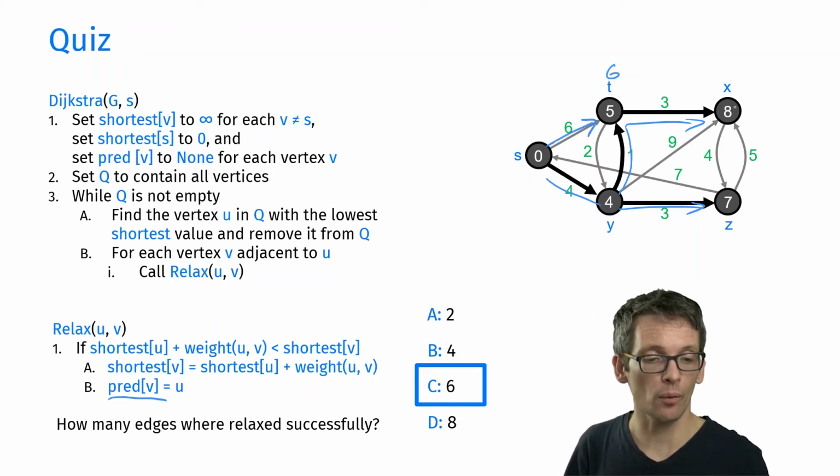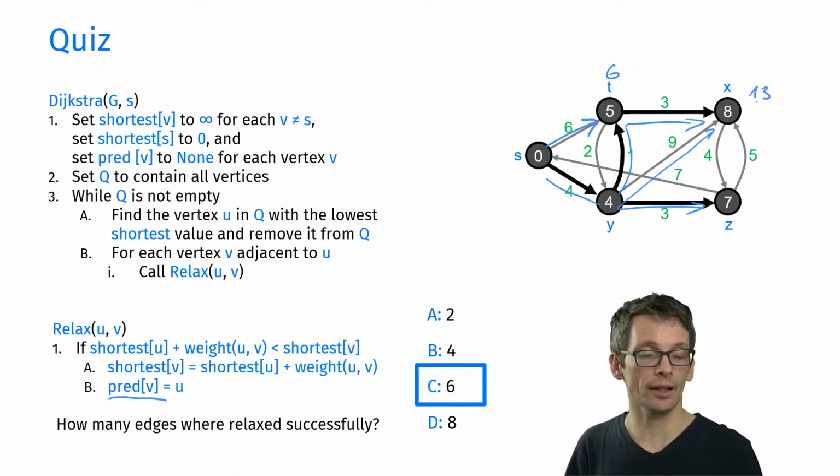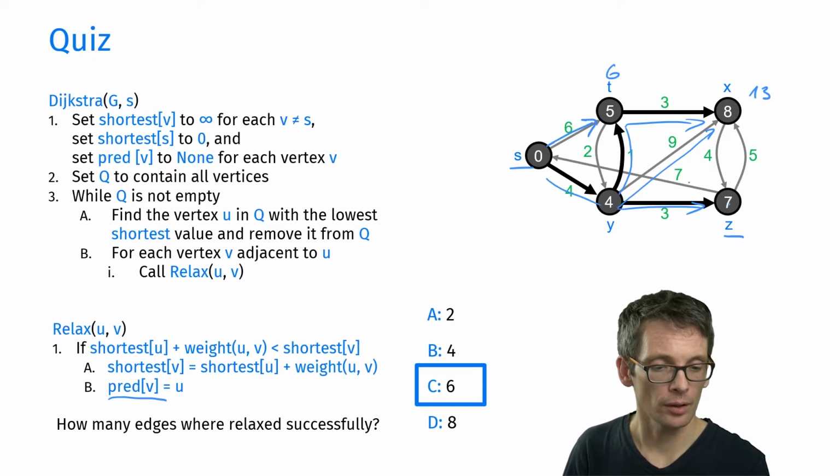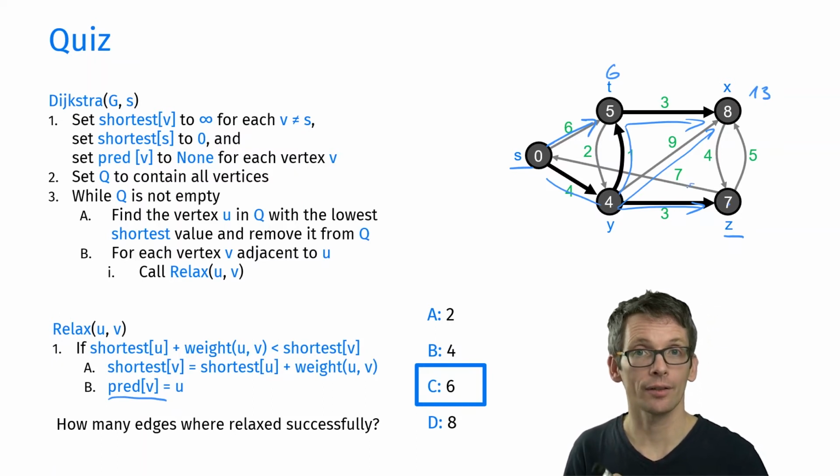But also the edge from Y to X, if you remember, there was a 13 at some point here, and that came from that edge. So we have 6 edges that we relaxed. But for instance, the edge from Z to S was not relaxed because 7 plus 7 is larger than 0.